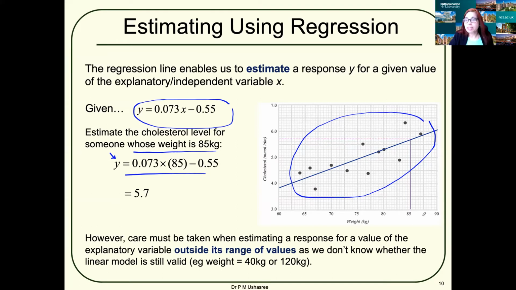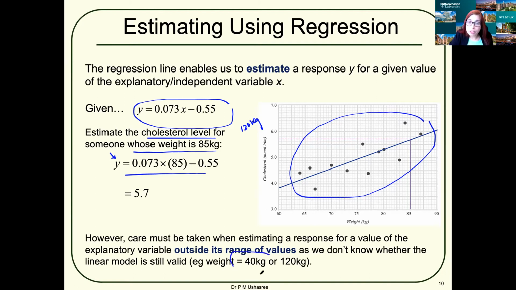So for example, if I ask you to estimate the value of the cholesterol level for a weight of 120 kilograms, you cannot be sure whether this model, because this is a model, is valid or not.